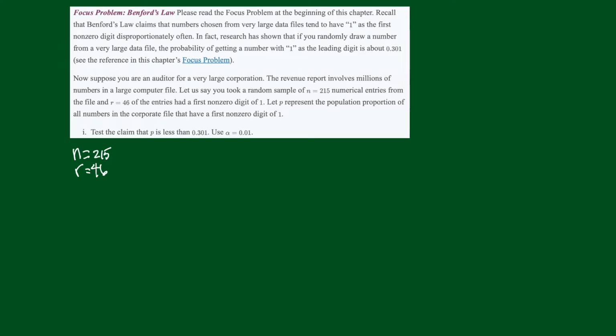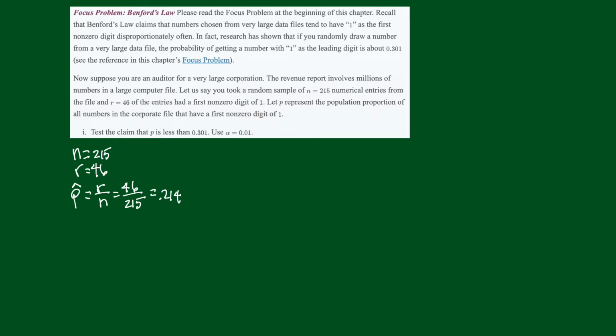Now, right away, I know I'm dealing with proportions, so I don't really have to do this, but I'm just curious, what is p hat? What is the observed proportion of numbers having 1 as the first digit? Well, it's going to be r over n, so this is 46 over 215, and that comes out to about 0.214. Now, the problem goes on to say, let p represent the population proportion of all numbers in the corporate file that have a first non-zero digit of 1.